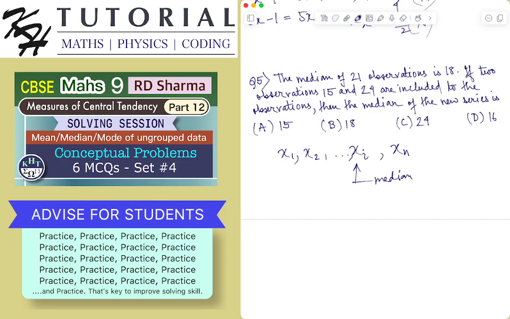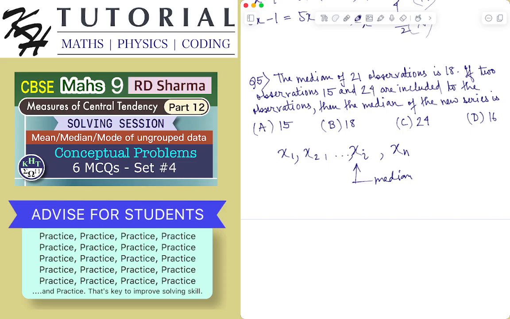Obviously i will be (n plus 1) by 2 if n is odd. For the sake of simplicity, consider n is odd. That is, xi is the middlemost observation in the sorted list of observations x1, x2 up to xn.